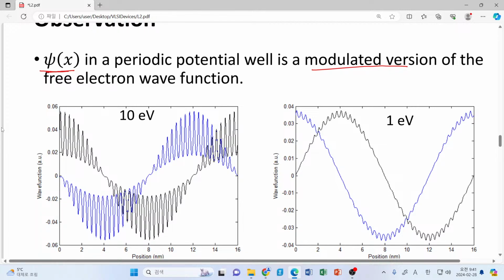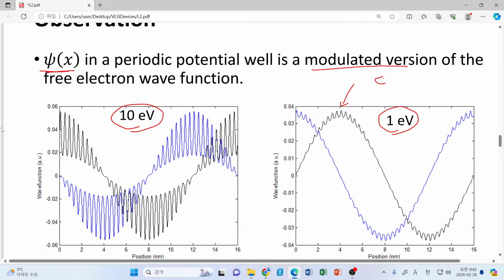You can easily check this point by reducing the depth of your potential well. Previously, we have seen the case where the potential well height is 10 electron volt. But what happens if I just consider 1 electron volt? Then the effect of this potential well is quite much reduced. And what is your opinion about this right figure?